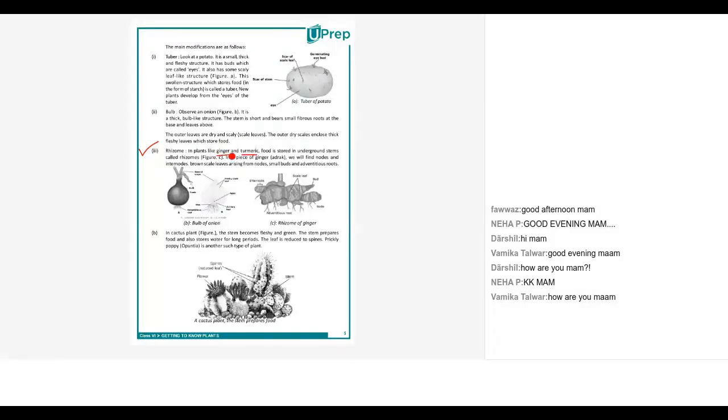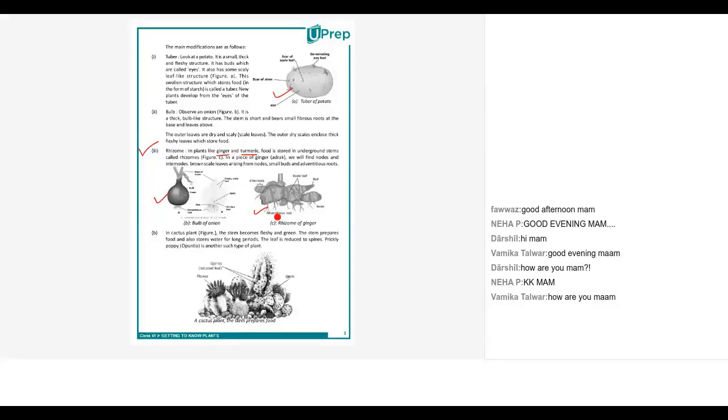Both of them look almost similar. They grow underground. Potato, onion grows underground. Ginger also grows underground. Right? These are all common features: they grow underground. They are swollen. They store food. Right? They are modified stem.